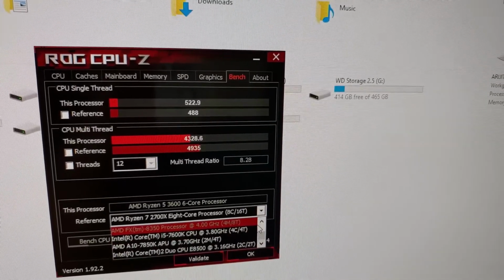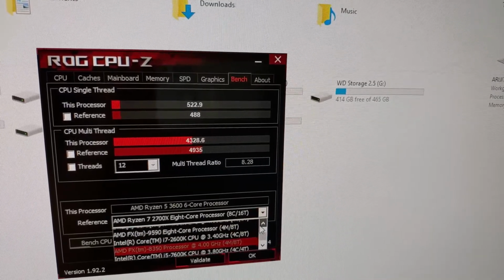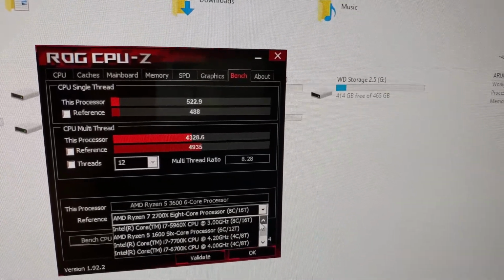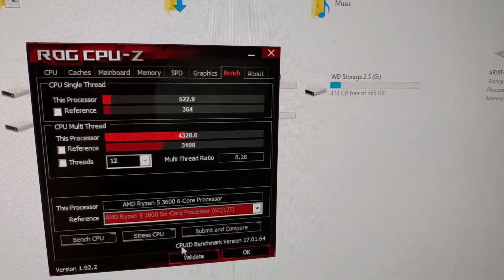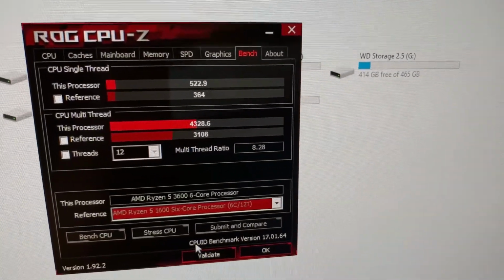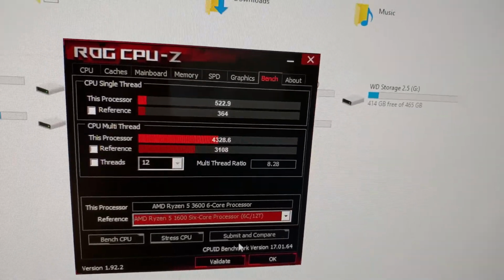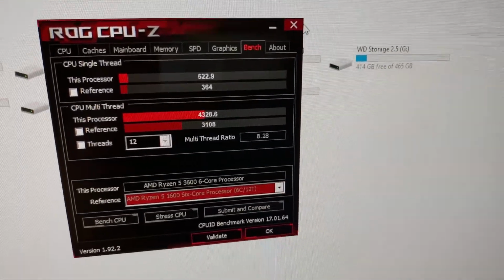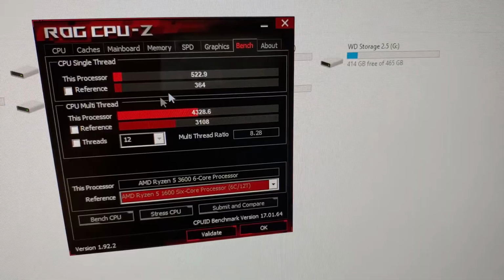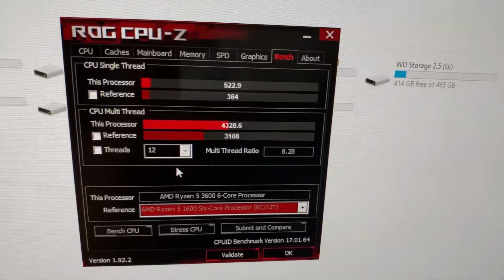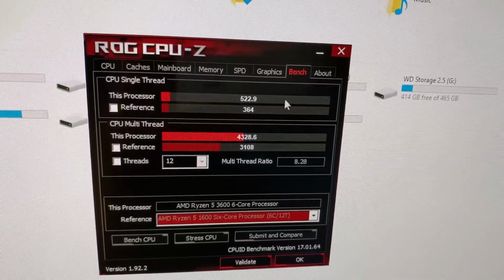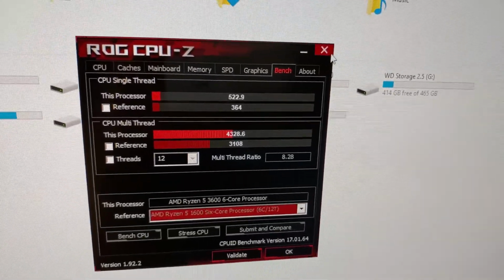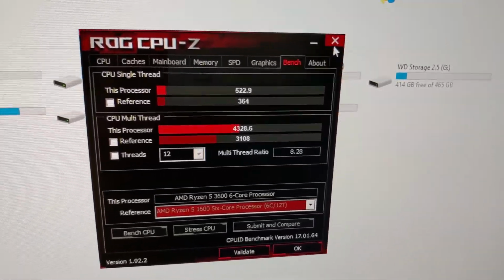I don't think so. Ryzen 5 1600 is there, let us check. Yeah, it's a hell and heaven difference in performance with that, but you can check reference scores for a 3600 from the internet, and I am very sure these scores are much higher than what you will find on the internet for a stock Ryzen 5 3600.